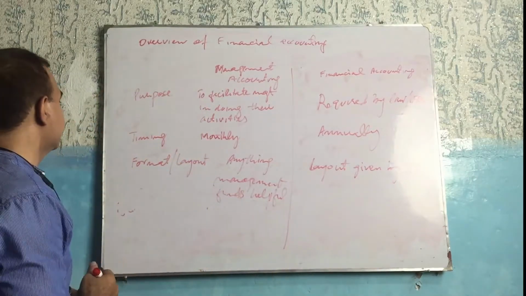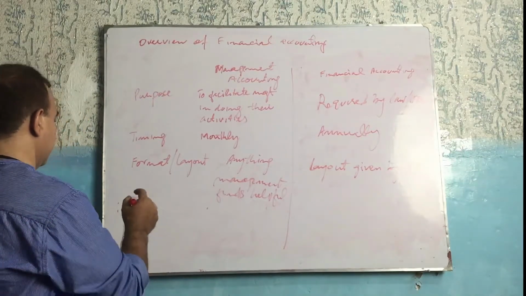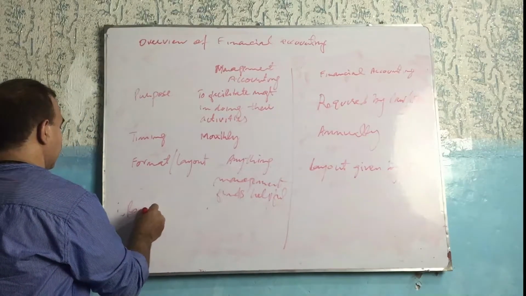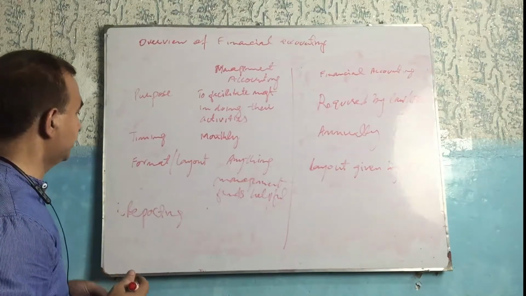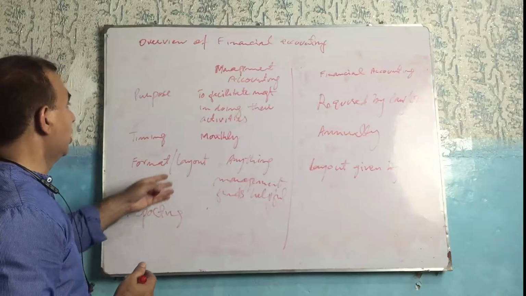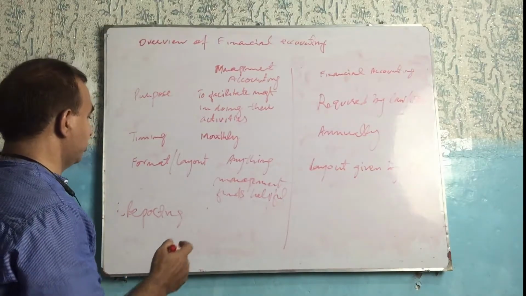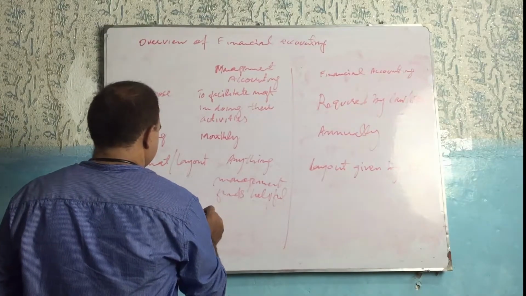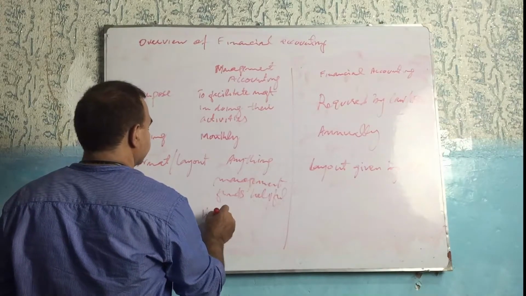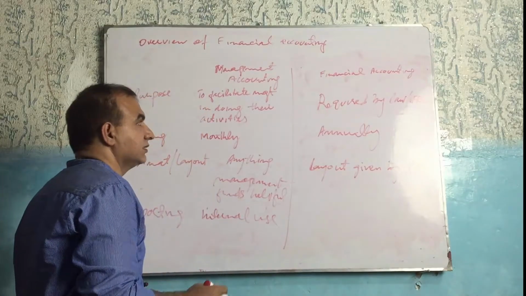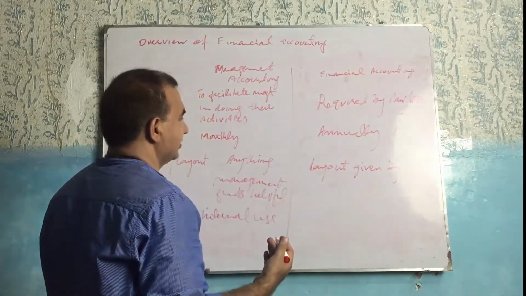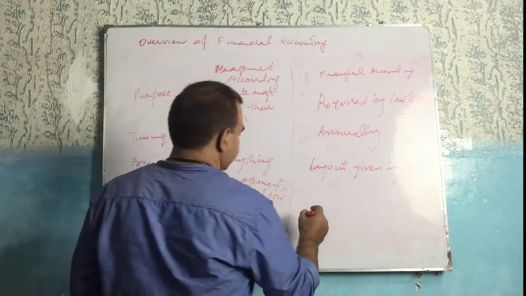So these are the differences. And then we have reporting. Although I have made it clear by now, you can easily understand reporting. This information is reported to the management, internal use. Whereas this is on the management for external use.